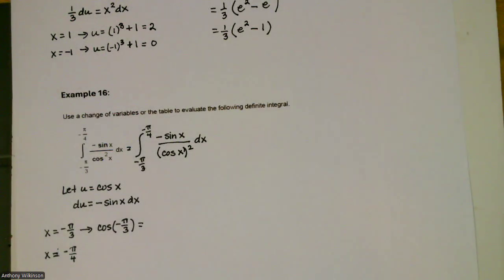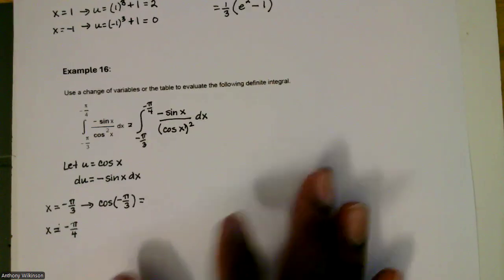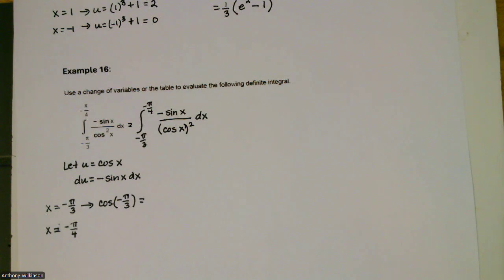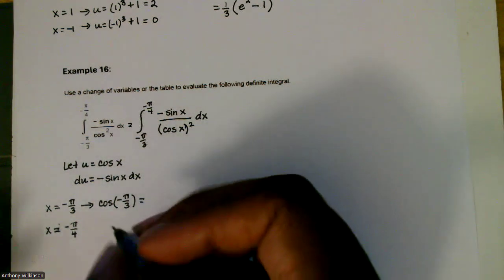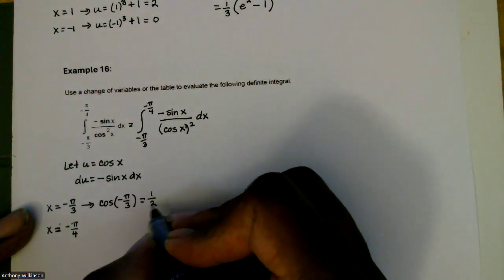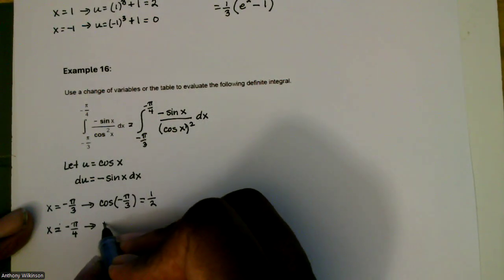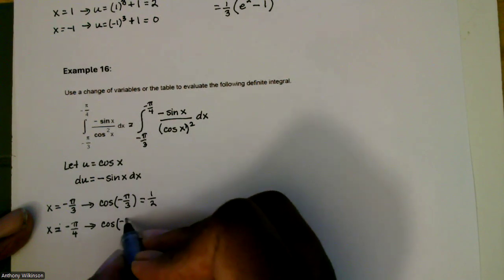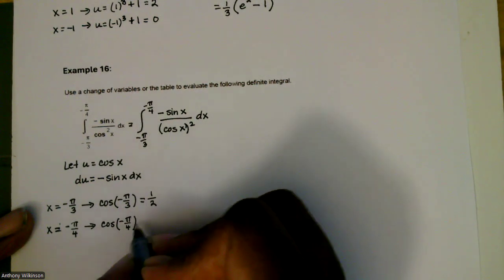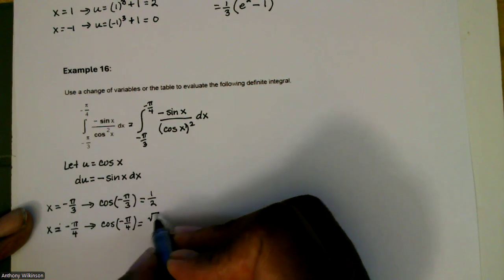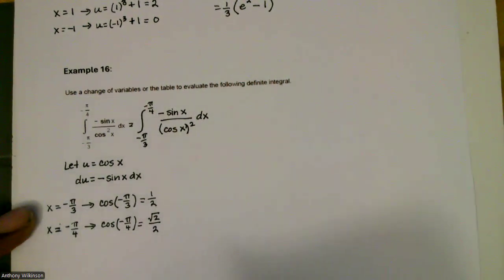Now, you might need to look at your unit circle. Cosine of -π/3 is actually 1/2. And for -π/4, the cosine of -π/4 is going to be the square root of 2 over 2.